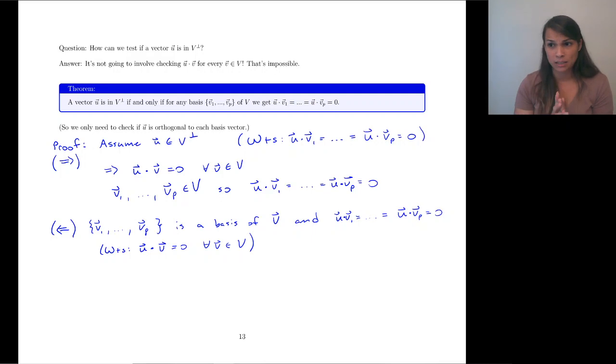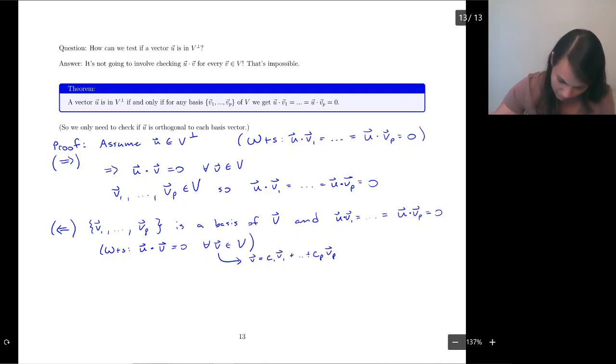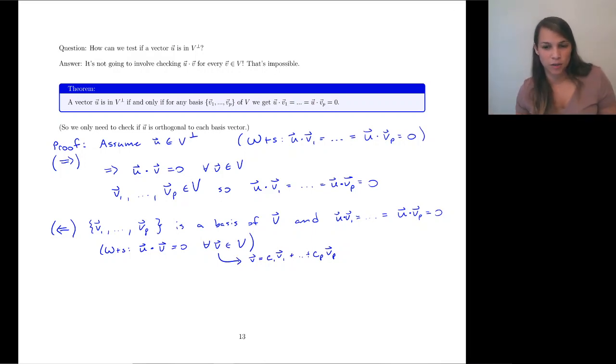Well, we think about what it means to be a basis. What does it mean to be a basis? It means any v is going to be a linear combination of the basis vectors. There we go. So we don't care about linear independence or equals 0. No, we just care that it is a basis, therefore any vector in V is a linear combination of our basis vectors. So let's run with that. Let's try and do u dot v.